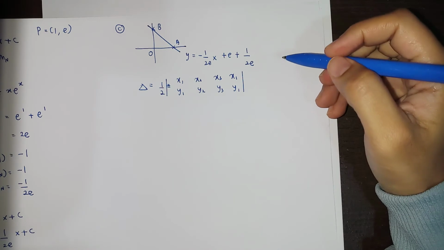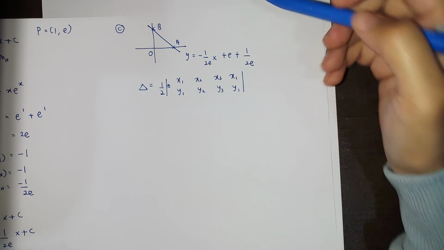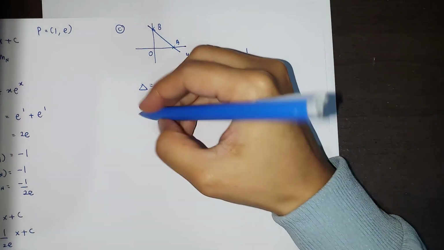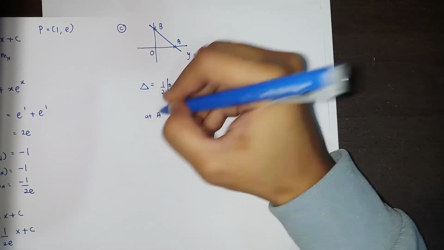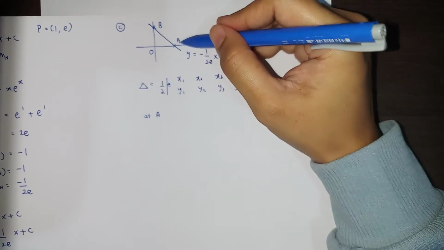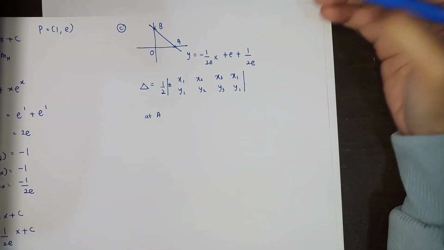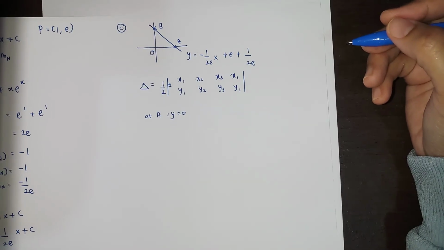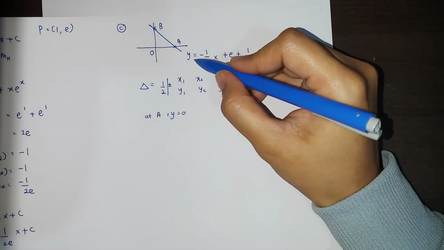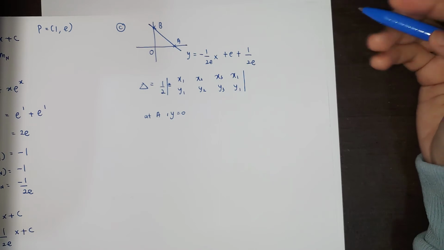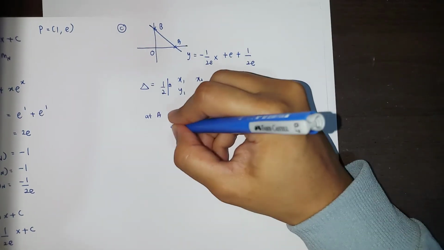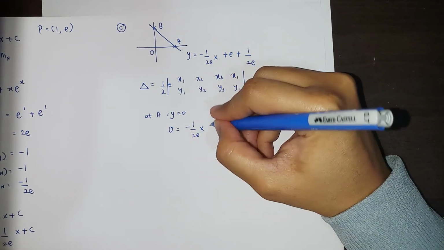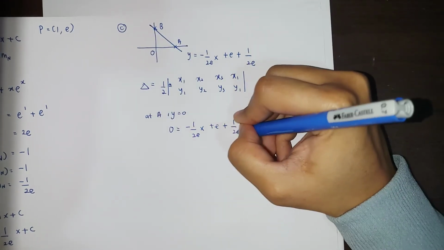Okay, so now first we need to calculate the coordinates of A and B. At A, when your line crosses the x-axis, what is the y value? We know that at A, y equals 0. So you substitute 0 into your equation. You should get 0 equals negative 1 over 2e x plus e plus 1 over 2e.